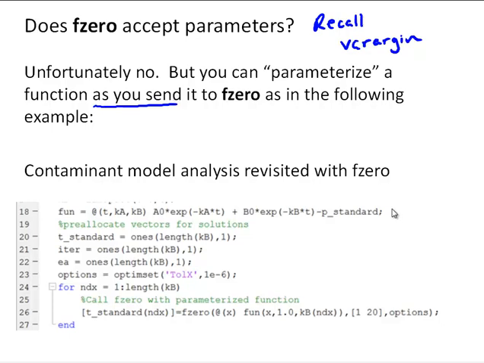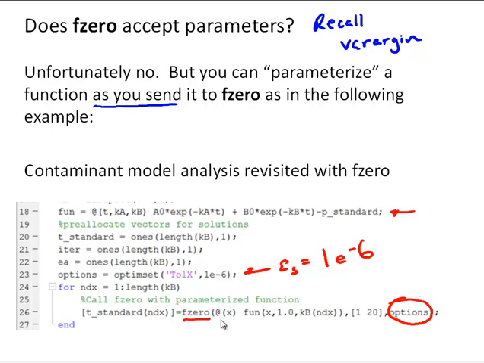So here's the original function definition in line 18. Here's using the options to set epsilon s equal to 1 times 10 to the minus 6. That's how we would set those options, and then that options variable is passed as the third input to the fzero function.